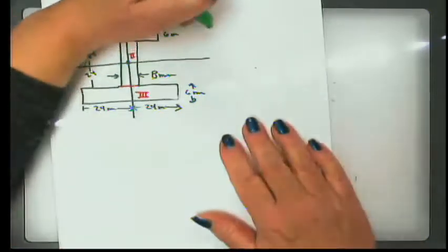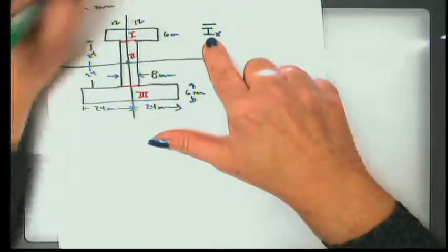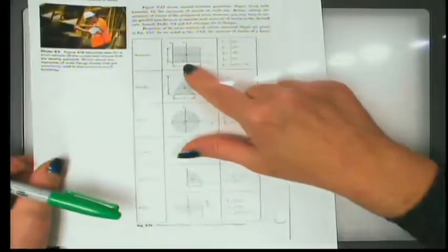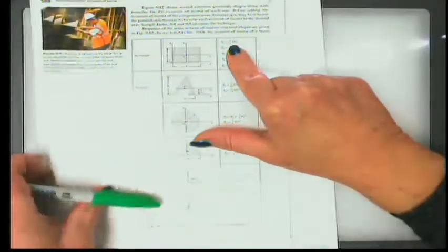So I know that I sub x bar, in other words, the centroidal moment of inertia, from my chart that I had on the screen just a second ago, I know that the centroidal moment of inertia value is 1/12 times the base times the height to the third.